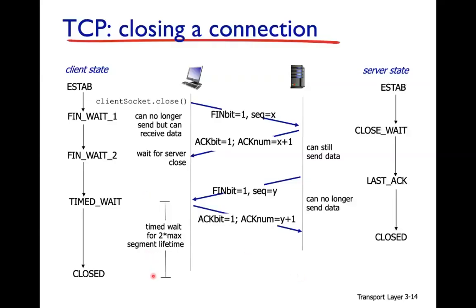So it will wait for 2 segment lifetimes, and then it will close, which means the ACK is supposed to be already received by the server side. Then it will close the socket. So this is the closing.